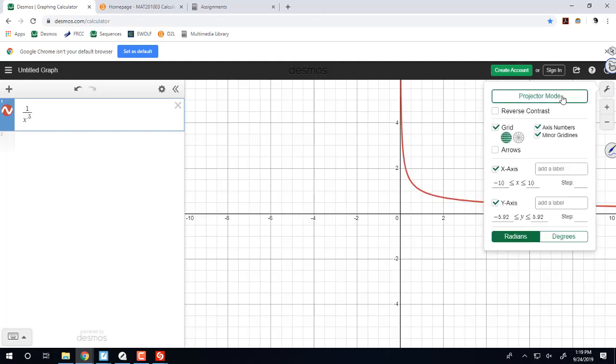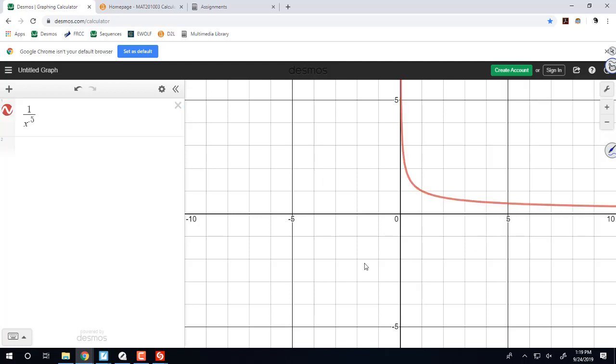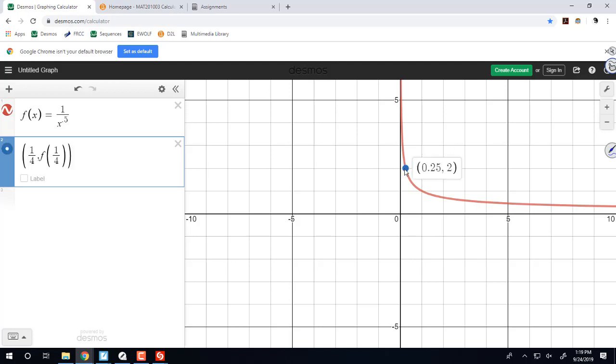Okay, so on this function, 1 over the square root of x, at the point 1/4, at this point right here, we know that the steepness at that point is negative 4.